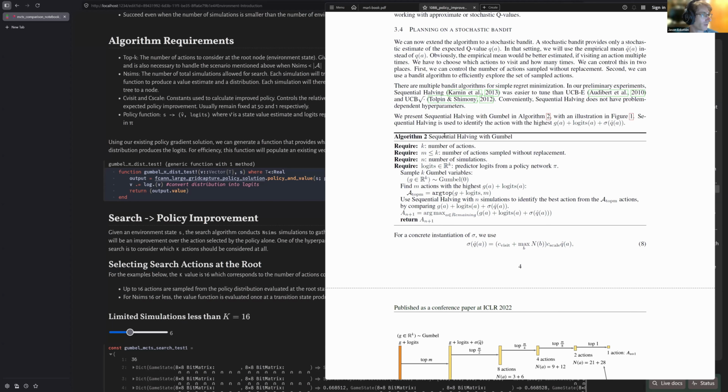And the nice thing about this algorithm is that at the end, it does actually sample from this distribution, and this is also the distribution that we believe is an improvement. So at the end of the search we have both the action selection that the search thinks is the best candidate action, and also this whole distribution.